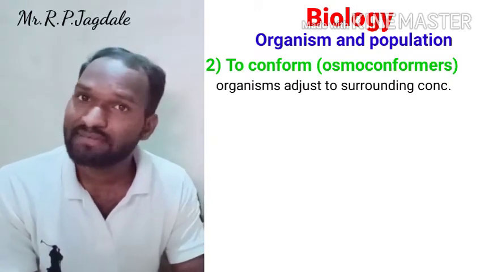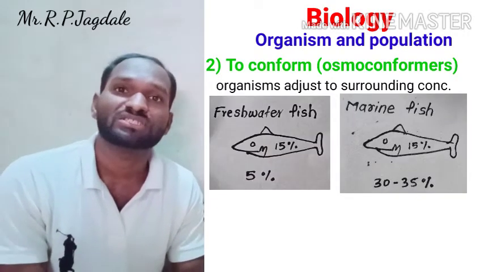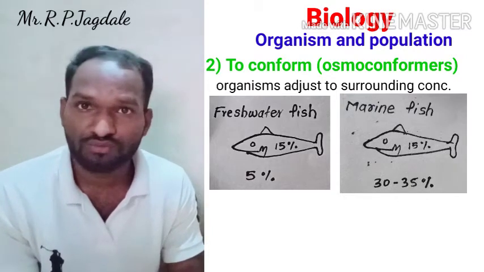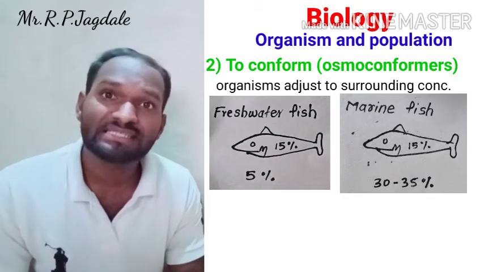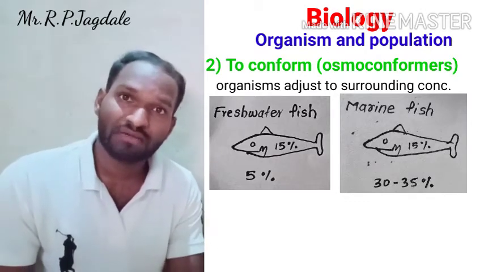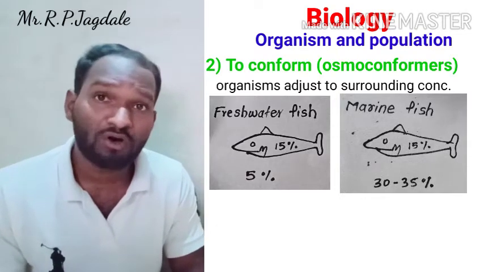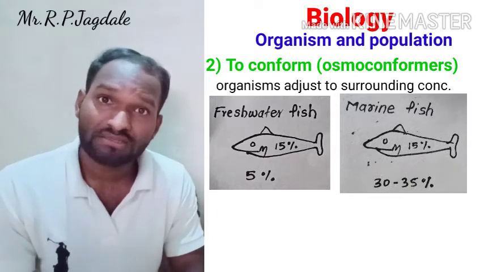Take the same example. The fish has an internal concentration of 15%. Then again there are two situations, in fresh water and in marine water. The fresh water concentration is 5% and the marine water concentration is 30 to 35%. Now what do conformers do?